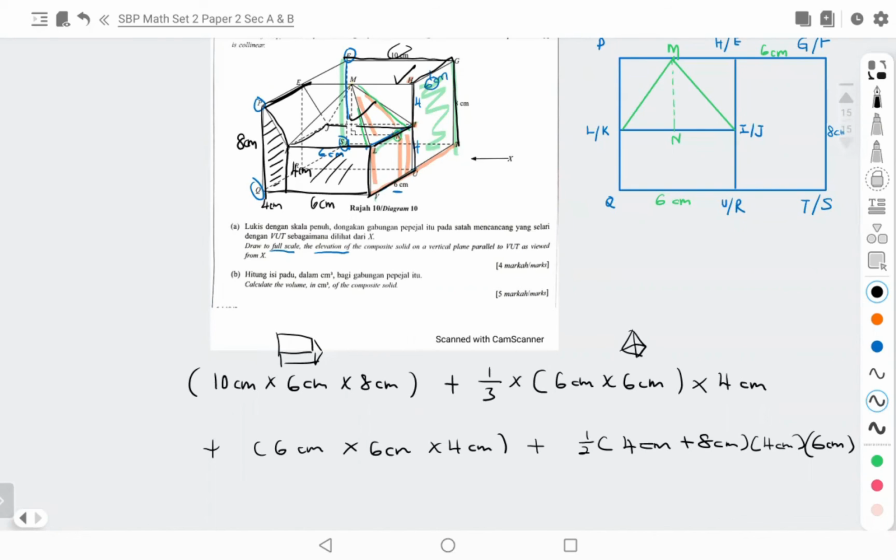You managed to find the answer. Okay, this whole thing is this part. So you get the answer equal to 708. Try and see. 708 cm cubed volume.